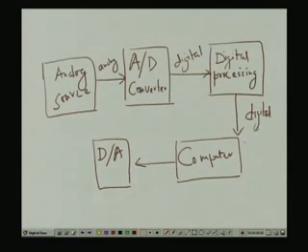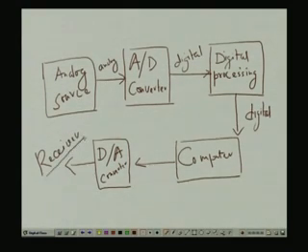So far all these things are processed digitally. So, I need one digital to analog converter, so that the receiver can hear the song. So, this is again an analog receiver.